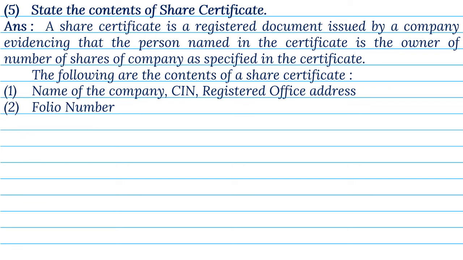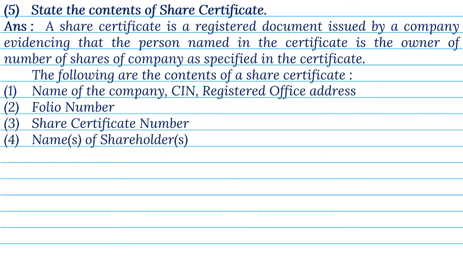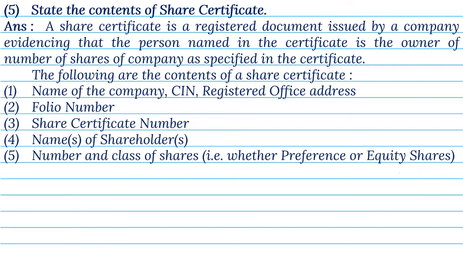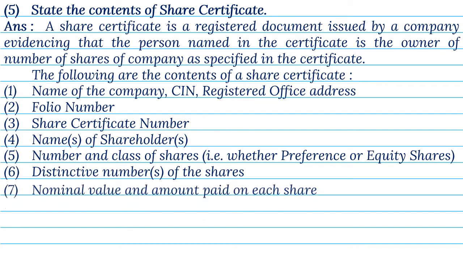2. Folio number. 3. Share certificate number. 4. Names of shareholder, shareholders. 5. Number and class of shares, that is whether preference or equity shares. 6. Distinctive number, numbers of the shares. 7.